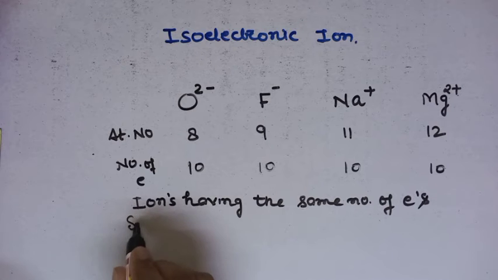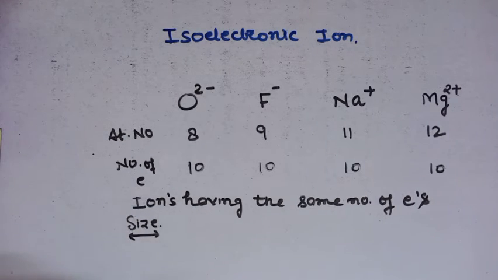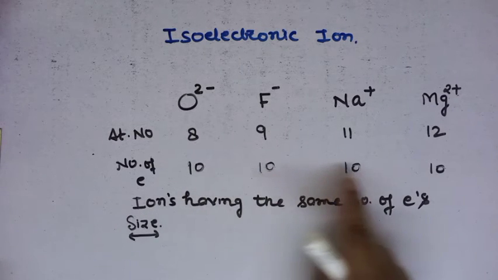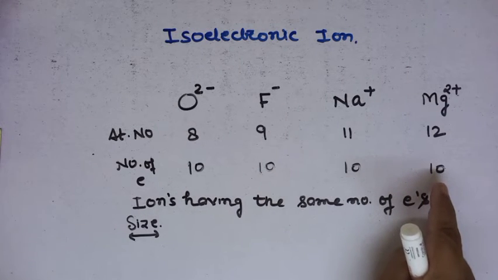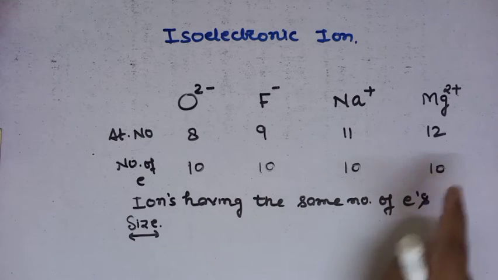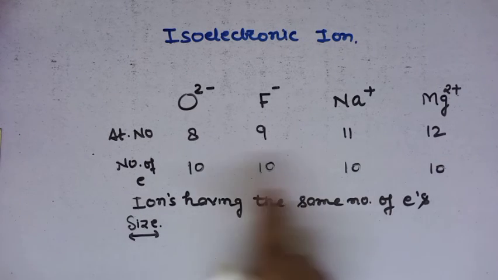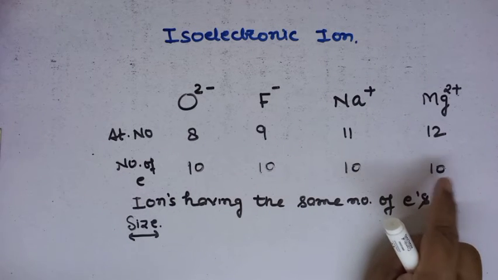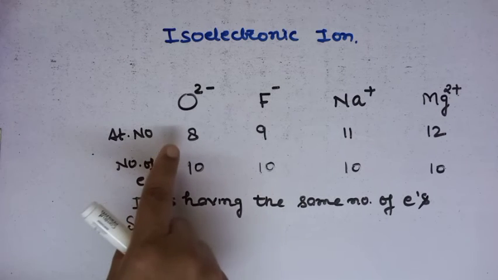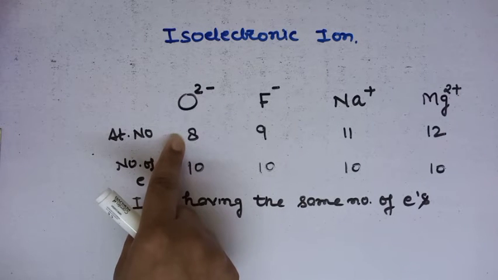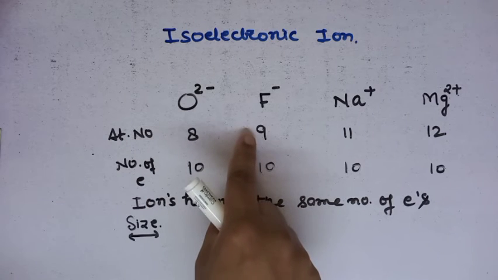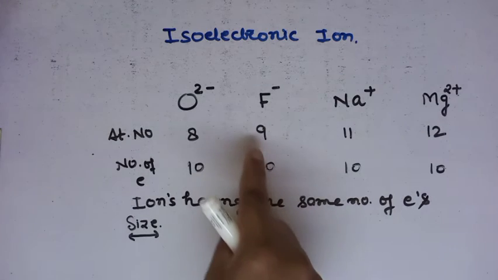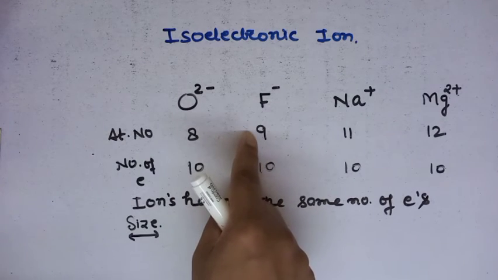Now what about their sizes? If we compare their radii, all have the same 10 electrons. So they have the same electronic configuration, which is 2 and 8. So all these ions have only 2 shells. But oxygen has the 8 positive in the nucleus and fluorine has 9 positive. It means the same electrons, which are 10, have to be attracted by more protons.